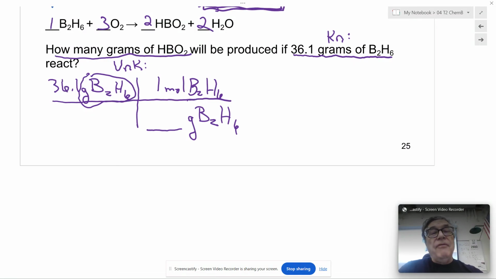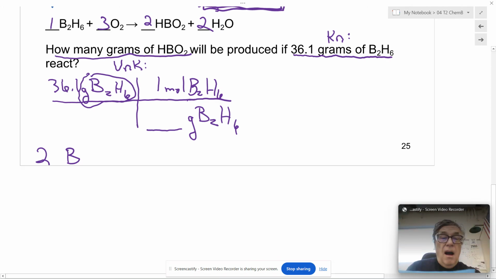So we just have to add 2 borons and 6 hydrogens together to get that molar mass. So 2 times the mass of boron. Look up boron on the periodic table. You're going to want to be sure you can do that when we're practicing these. Boron has a mass of 10.81.